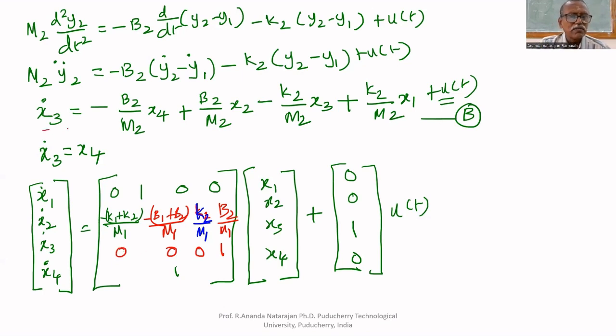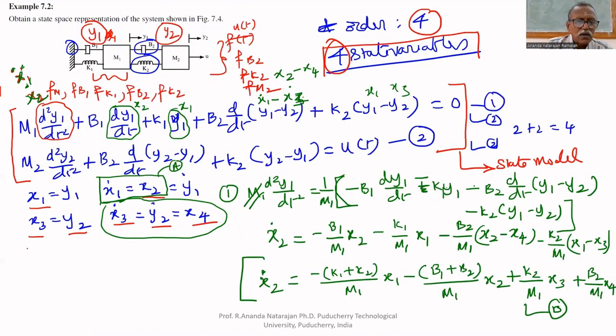Here from this x3 dot we have to write. Sorry. X3 dot equal to x4. Correct one. Here y2 double dot is x4 dot. I did it wrongly. Y2 dot equal to x4. Y2 double dot equal to x3 dot.